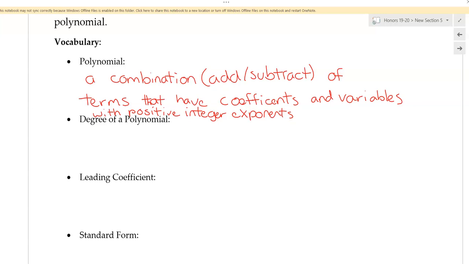Could also be zero. So combination, addition, and subtraction of terms that have coefficients and variables with positive integer exponents.